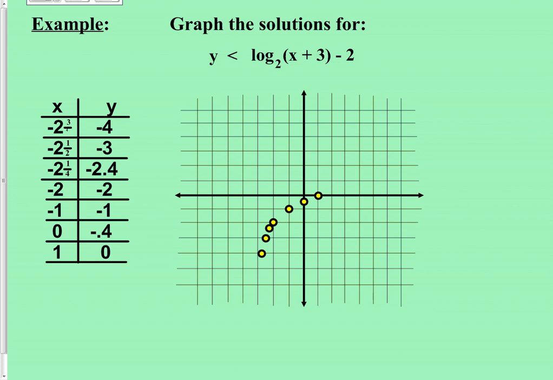Okay, so what do we want in this case, a solid line or a dashed line? In this case, the line should be dashed because our inequality is a non-equal inequality.